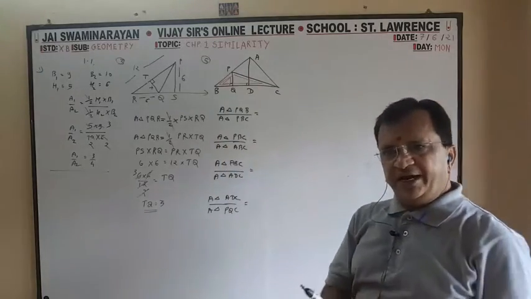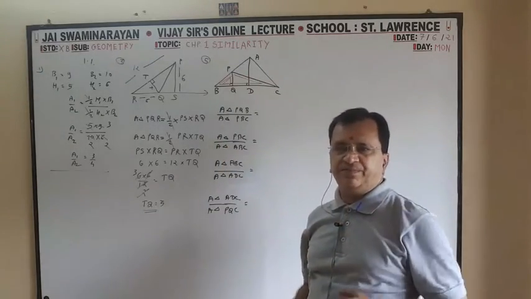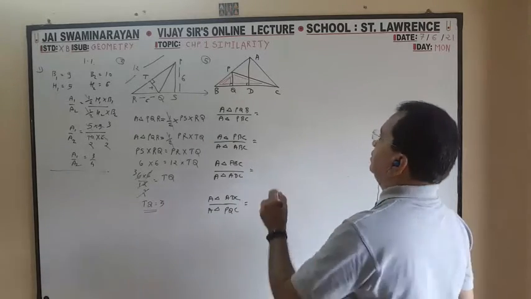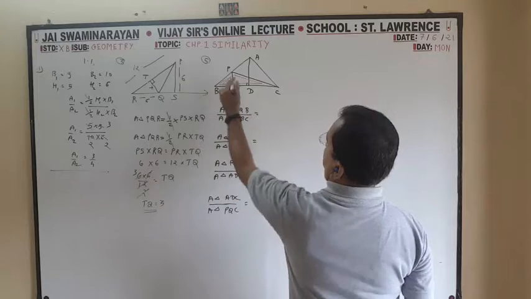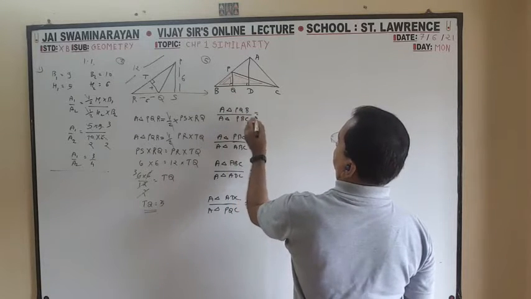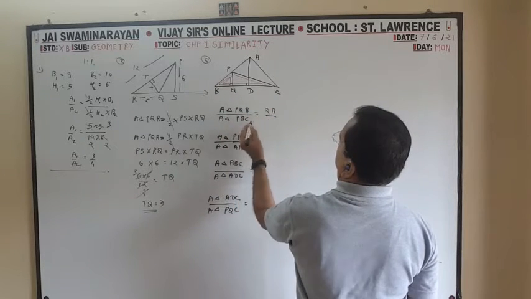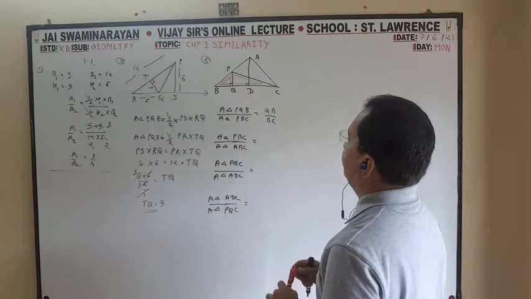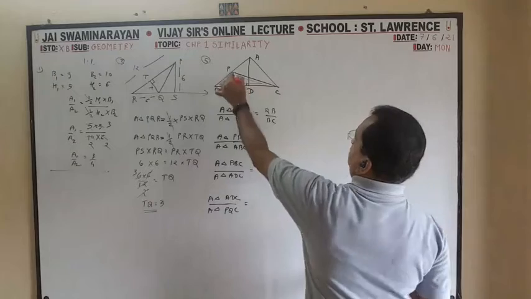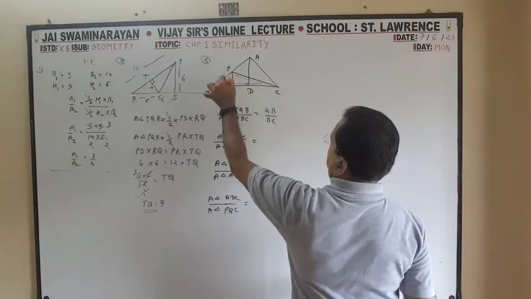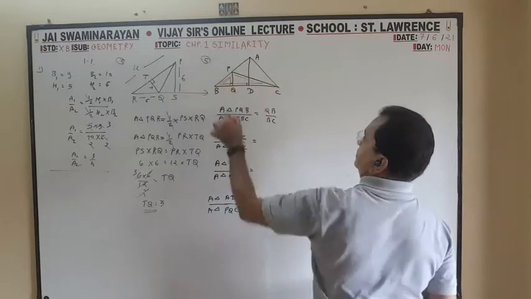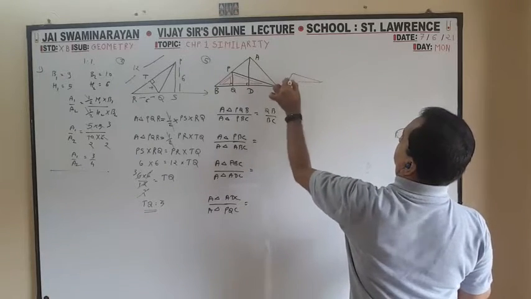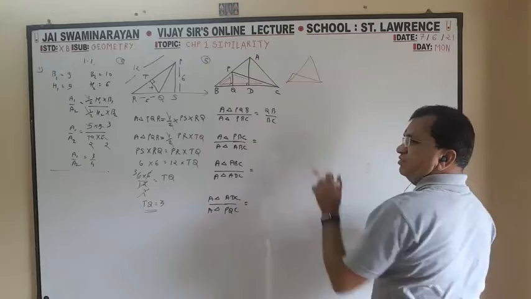See, in these two red triangles, height is the same. Height is the same, so we will write only the base ratio. So P is the height, remove P. So QB, BC. Now PBC and ABC: base is equal.